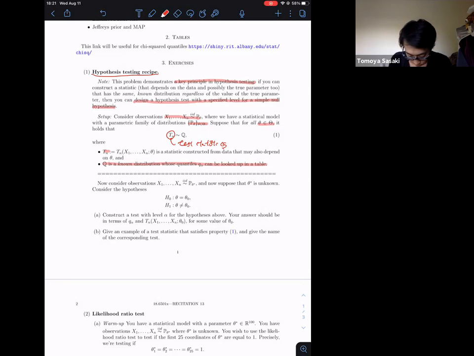Do you have any idea what an example distribution for Q would be? It's going to be something we learned in class. What kind of distribution is going to generate the test statistics we're interested in?